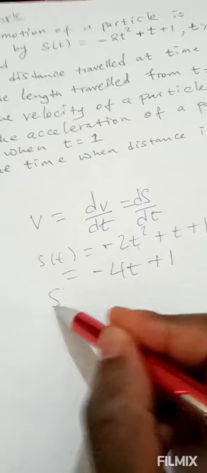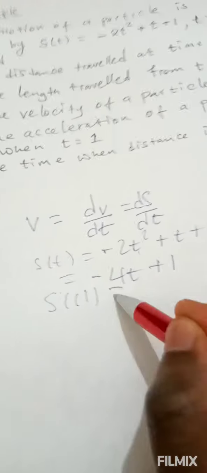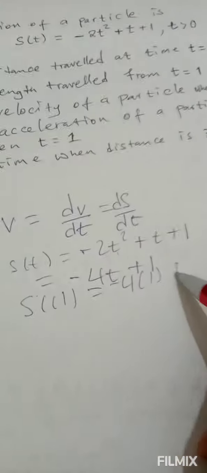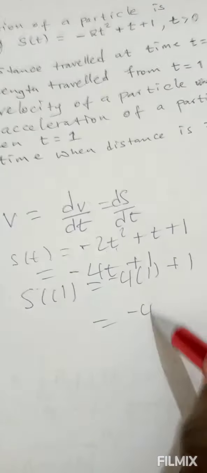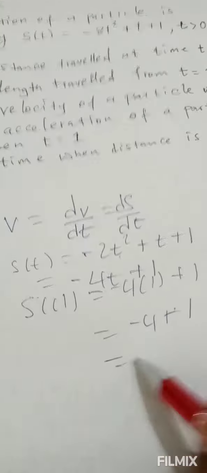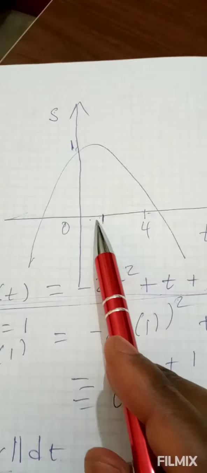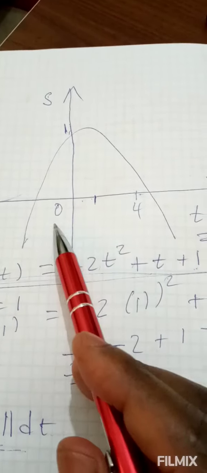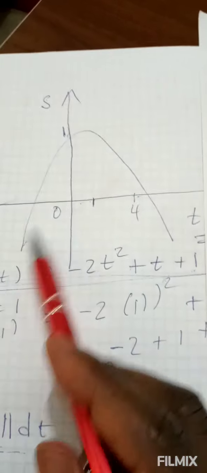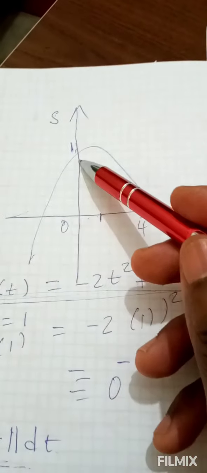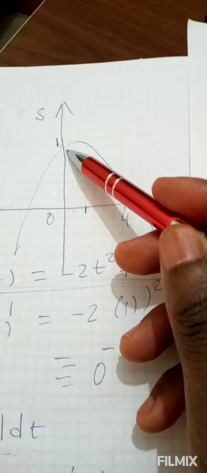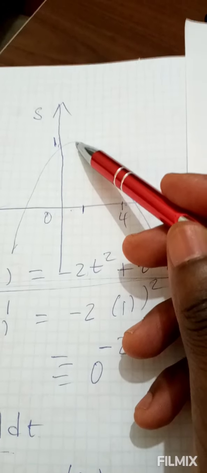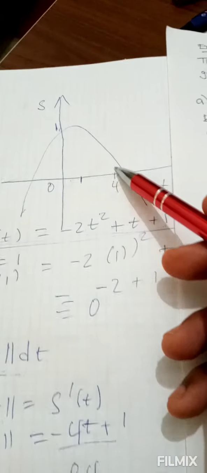Now the velocity at time is equal to 1. The velocity is minus 4 plus 1, and this is minus 3. Again, when you look at the movement of this particle from minus infinity to 0, it is accelerating, increasing up to the maximum point, and then it will decelerate.